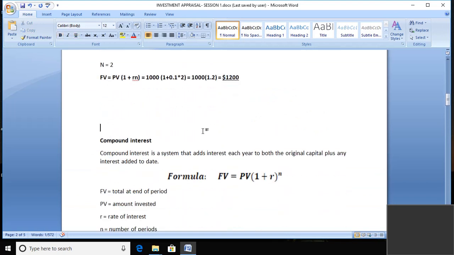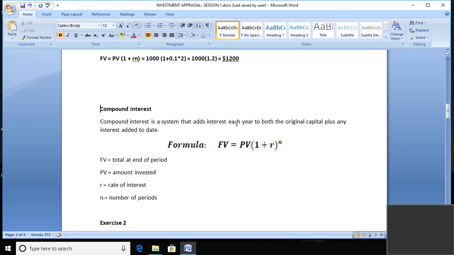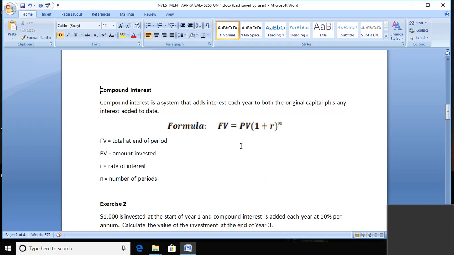The second thing I want to remind you of, I know you already know this, is the calculation of compound interest. Now, under compound interest, the interest is added to the principal before the next interest is calculated. In other words, the interest also earns interest. That's how we calculate interest under the compounding method.